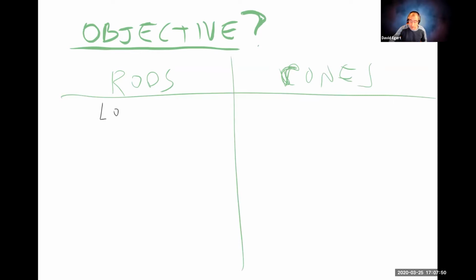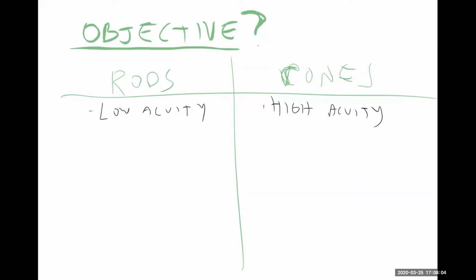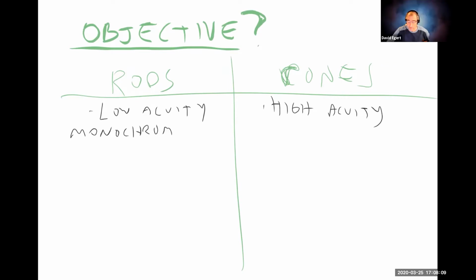So rods were low acuity, cones were high acuity. What's another one? Rods are monochromatic, cones are color. Monochrome versus color. And hopefully both of these are things that you actually saw when you did that little exercise.